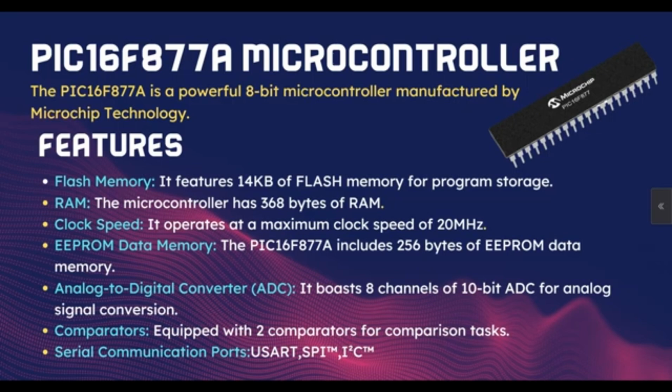The microcontroller has 368 bytes of RAM. It operates at a maximum clock speed of 20 megahertz. It includes 256 bytes of EEPROM data memory. It boasts 8 channels of 10-bit ADC for analog signal conversion. It is equipped with two comparators. It has serial communication ports like USART, etc.